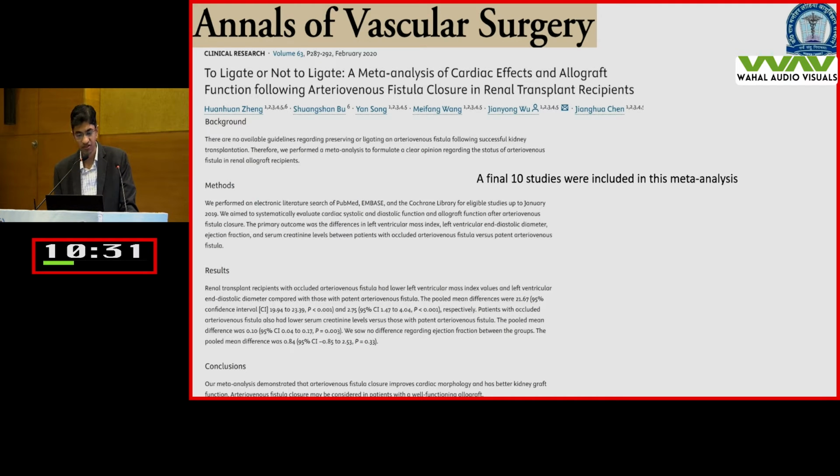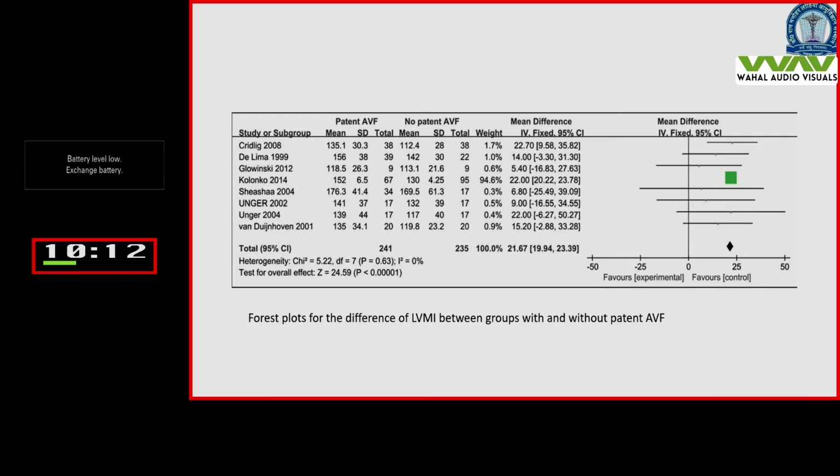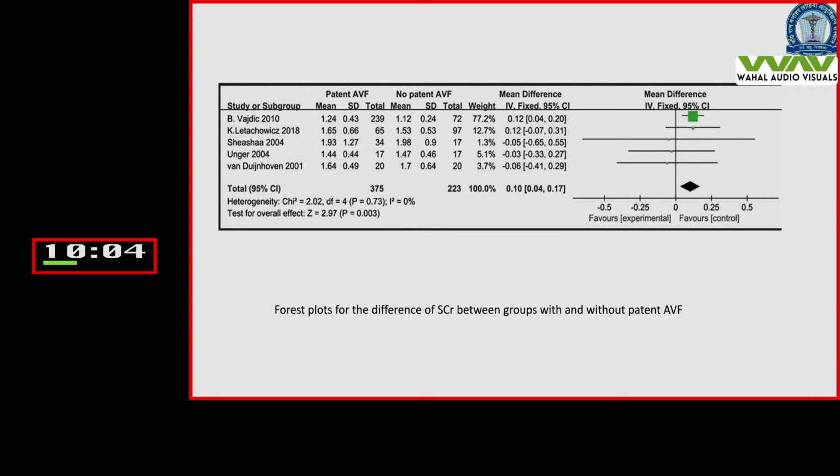They included 10 studies, and they showed that patients who didn't have a running fistula had a lower blood pressure and a lower left ventricular mass index compared to those who had a running fistula. And those who didn't have a patent fistula had a lower creatinine value as compared to those who had a patent fistula. So this was a different outcome as compared to the earlier quoted study.